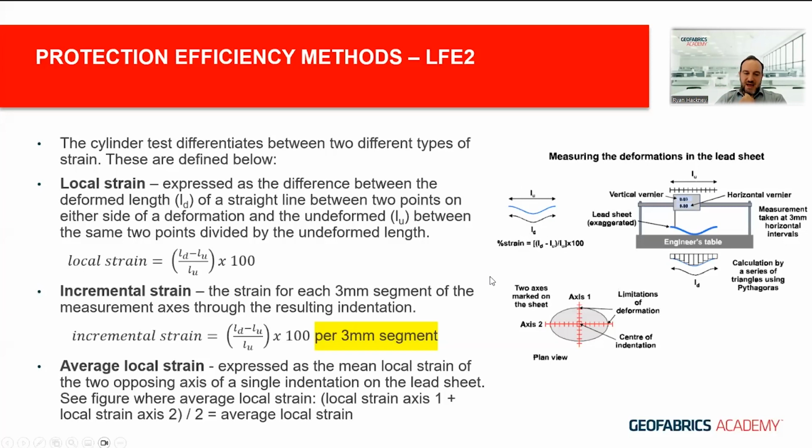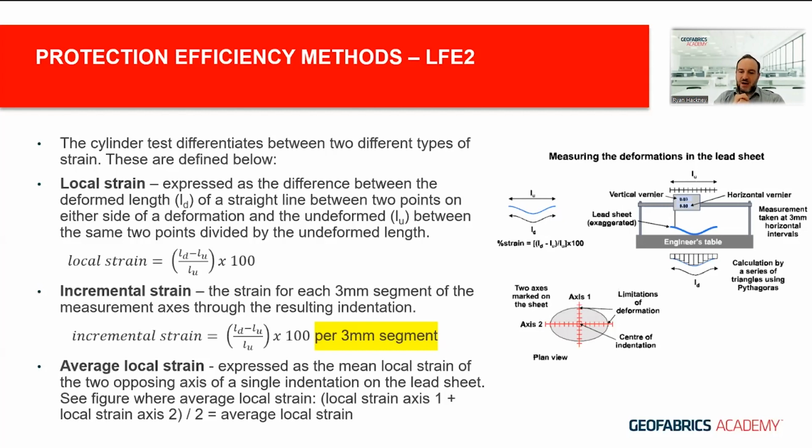Incremental strain is, again, the same calculation, but for a particular segment along that length. When we want to measure this full deformation length, we actually have to split it into 3 millimeter segments according to this methodology. You can see those 3 millimeter segments on that picture below the engineer's table there. They are split across the indentation. As you move across the indentation, the incremental strain is the amount of strain at each point across those 3 millimeter segments.